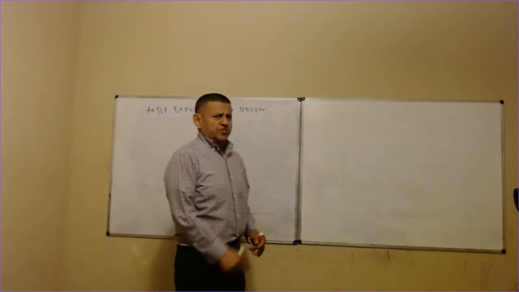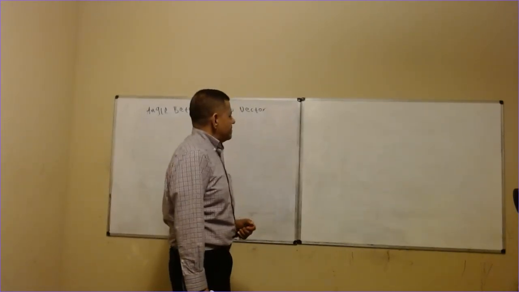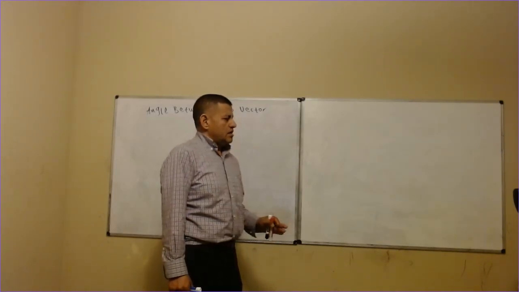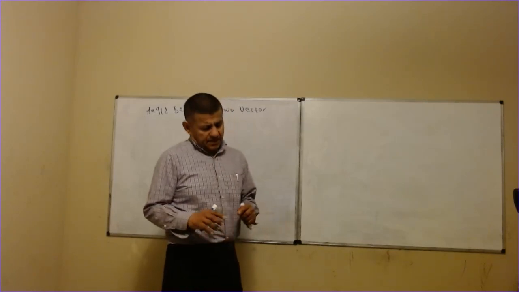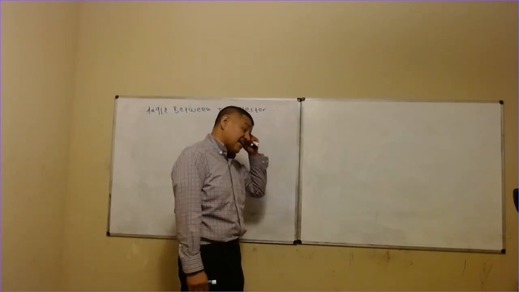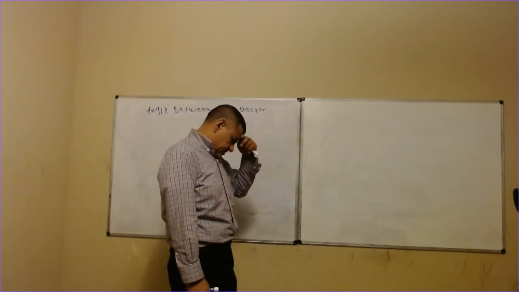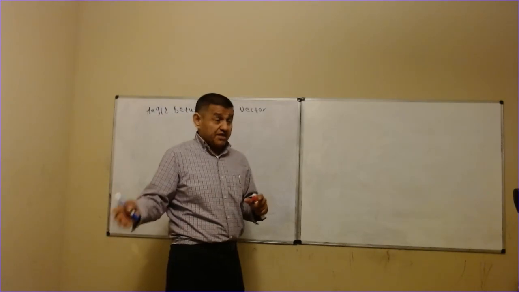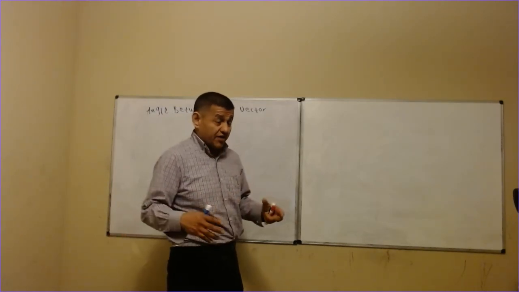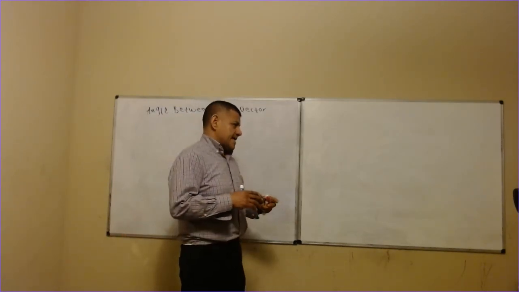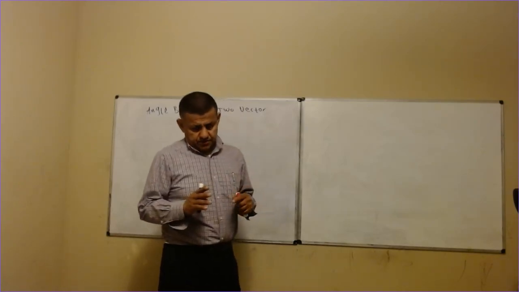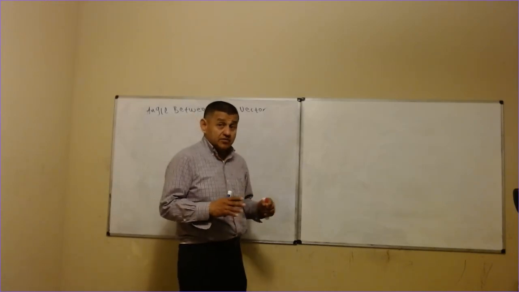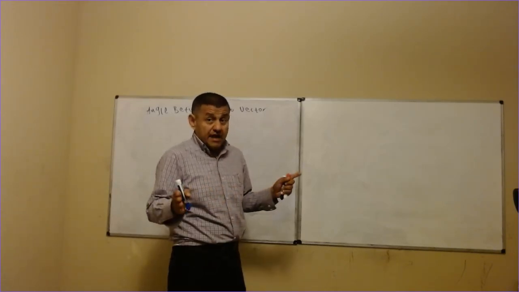And let me clarify something. Last time I said something, actually, let me rephrase it and make it clear. I was reading the book, but I was rewording the stuff a little bit. When you're doing the dot product, you will have a problem with an angle between two vectors.